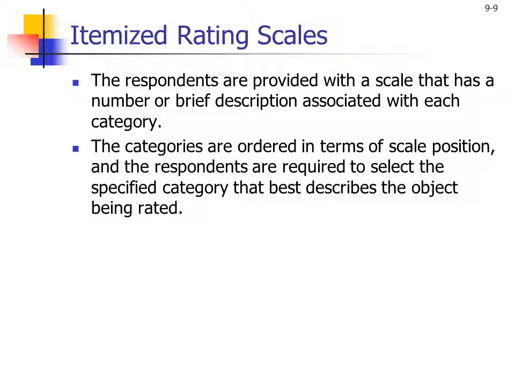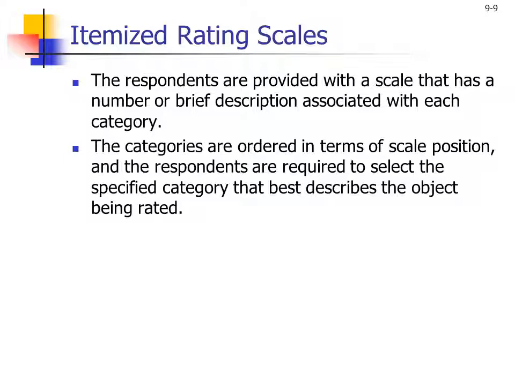The respondents are provided with a scale that has a number of brief descriptions associated with each category, and the categories in the itemized rating scales are ordered in terms of scale position, and the respondents are required to select the specified category that best describes the object being rated.